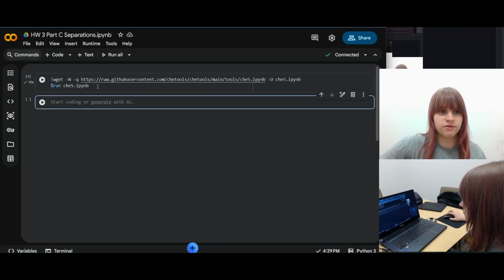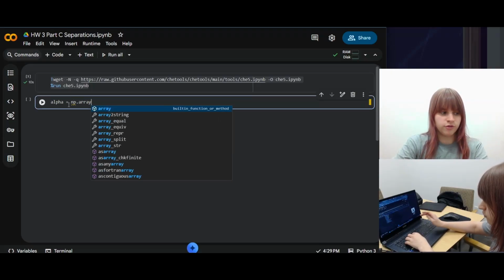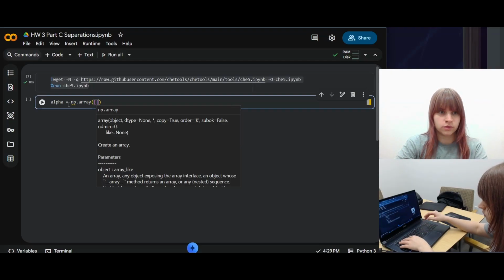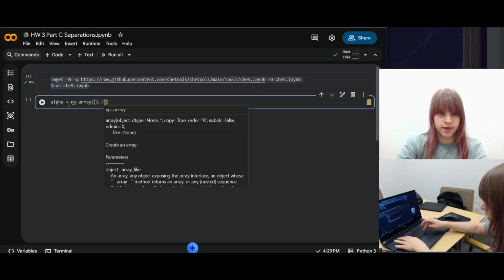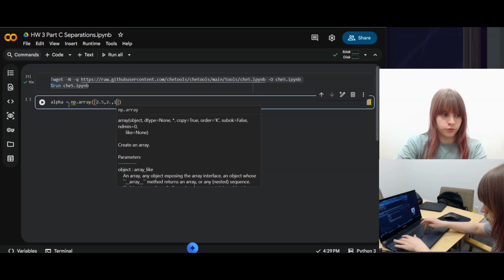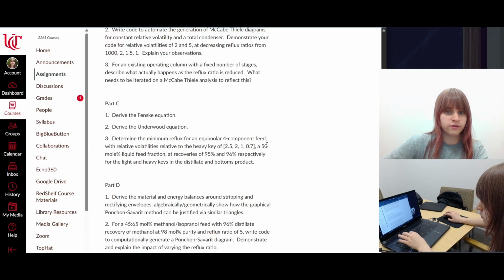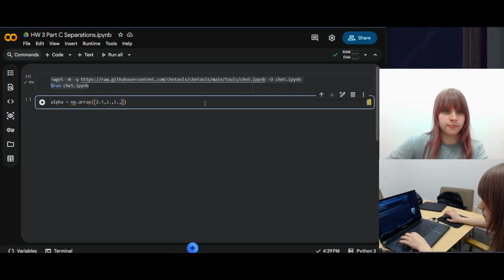As always, I have my import from class. The very first thing we're going to want to do is set our alpha values that were given, which was 2.5, 2, 1, and 0.7.